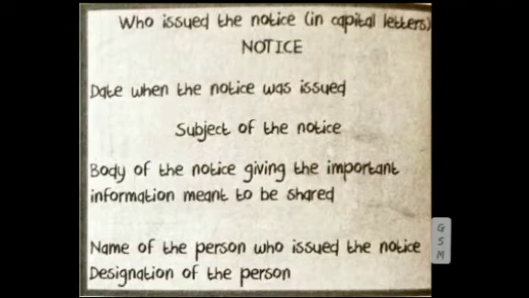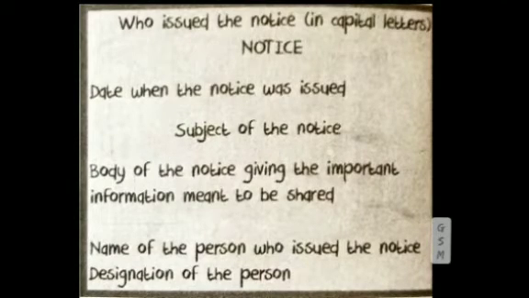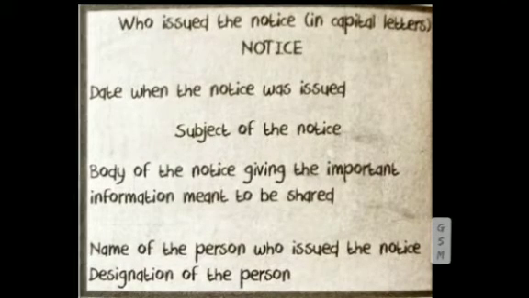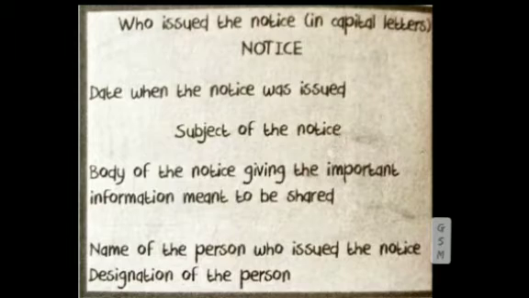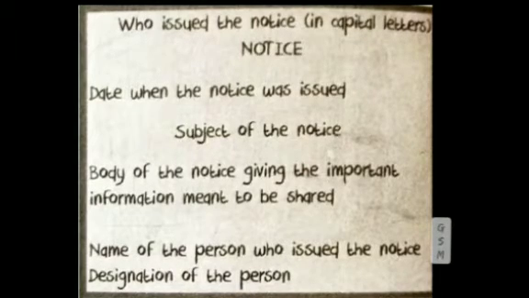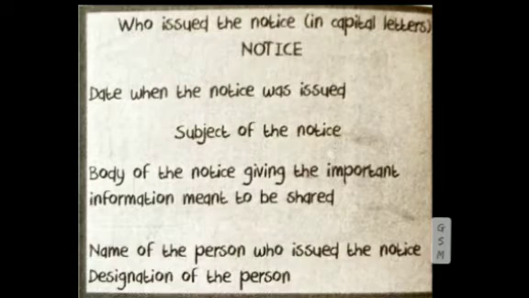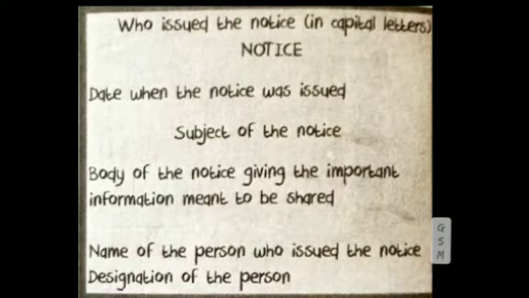The notice ends with the name of the person who has issued it along with the designation. Some notices may have additional information which depends on the purpose of the notice.